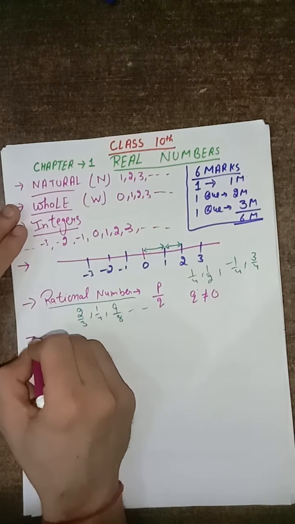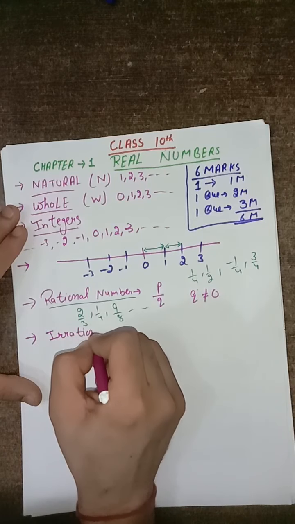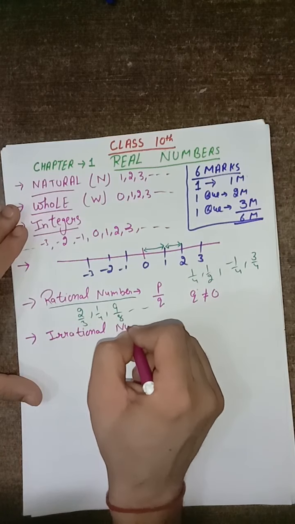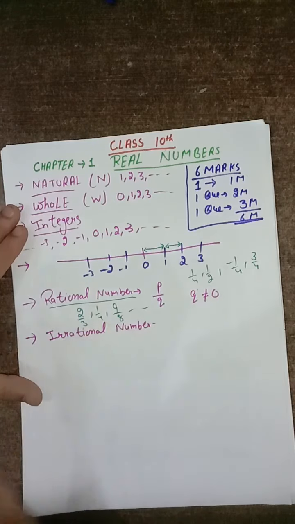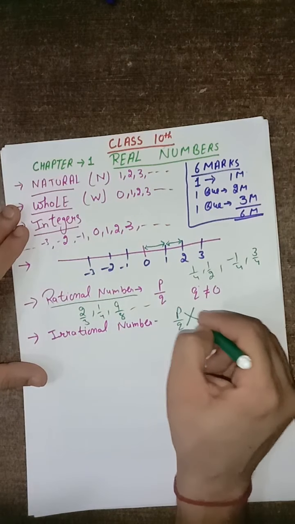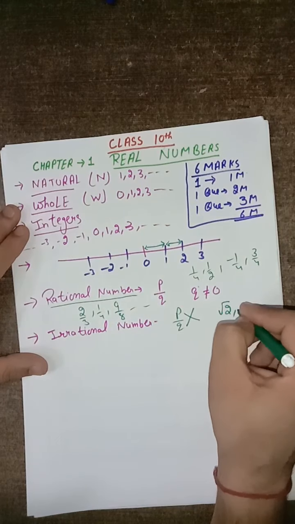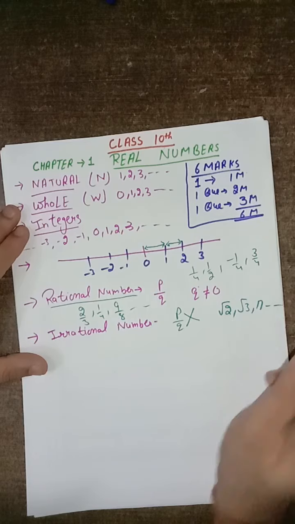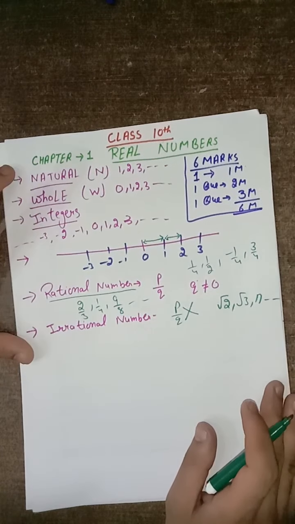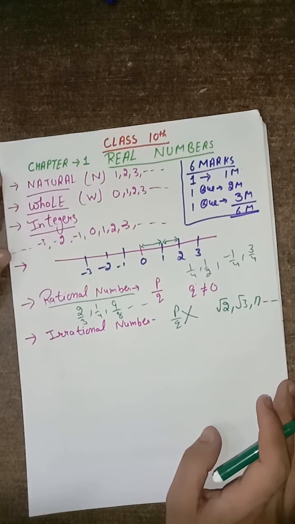And the last number is the irrational number. An irrational number is a number which we cannot represent in p/q form, and examples are √2, √3, pi and so on. And all these numbers are known as real numbers.